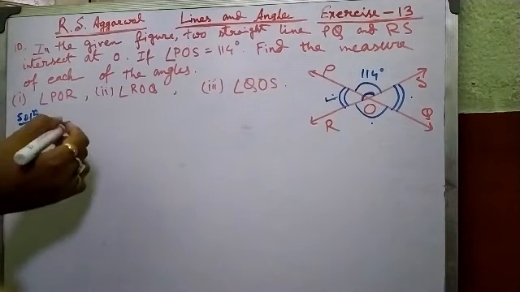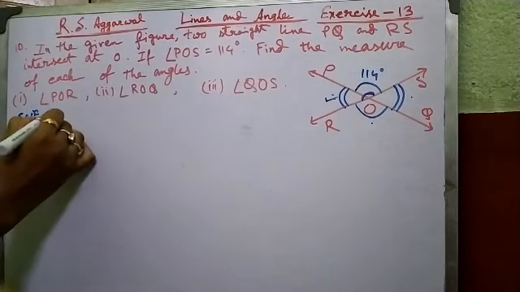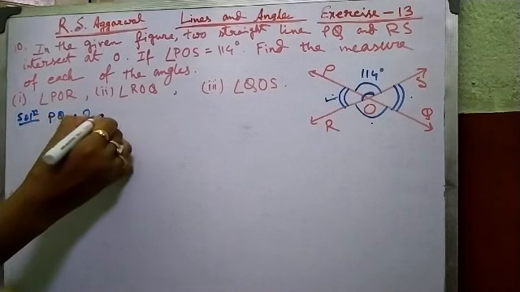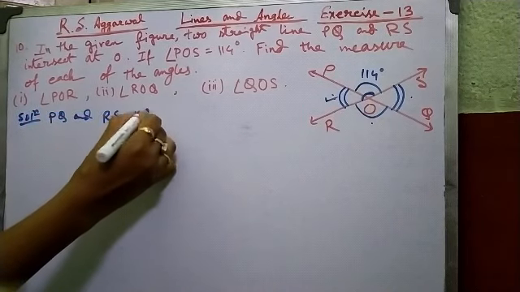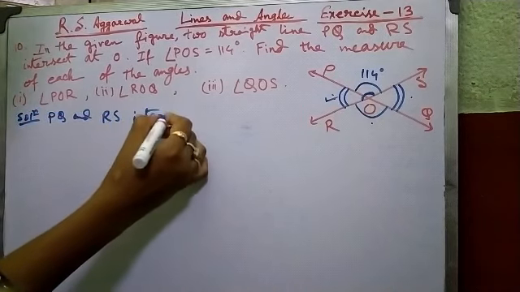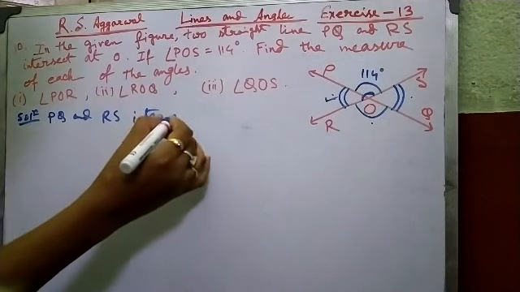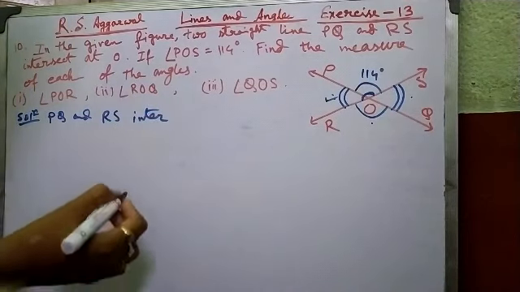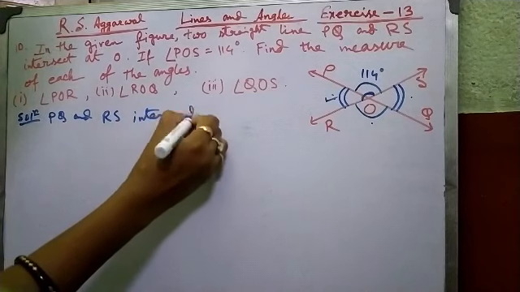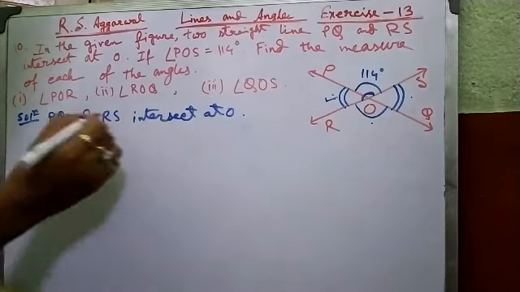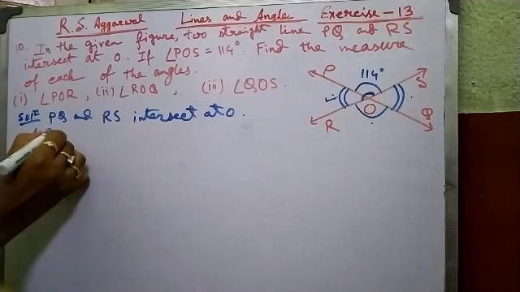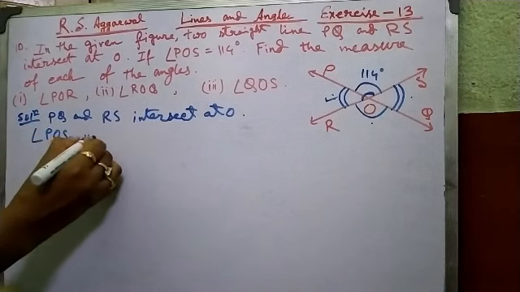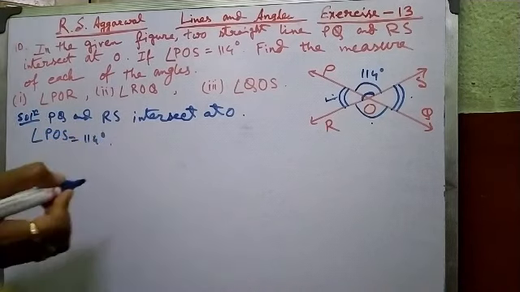Let's see here. PQ and RS intersect. We have to write the given part at first. After that we will make the solution. Intersect at O. Then angle POS equal to 114 degree.